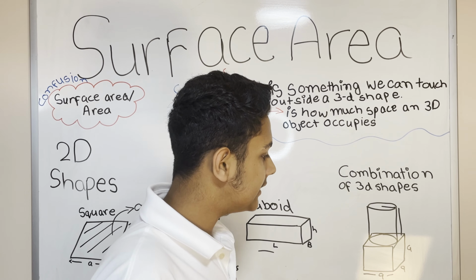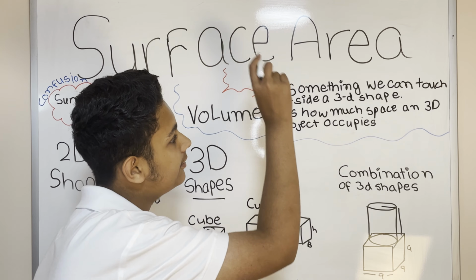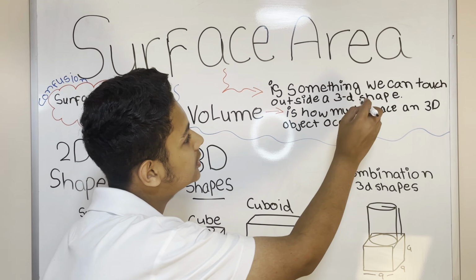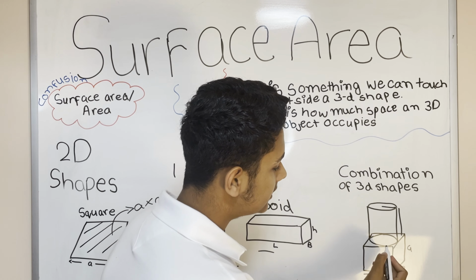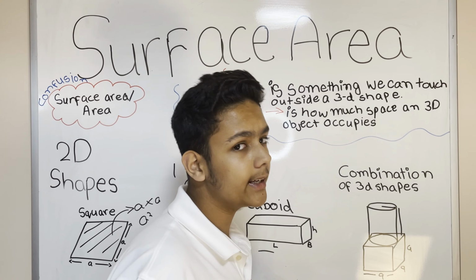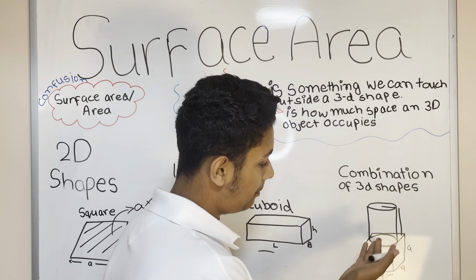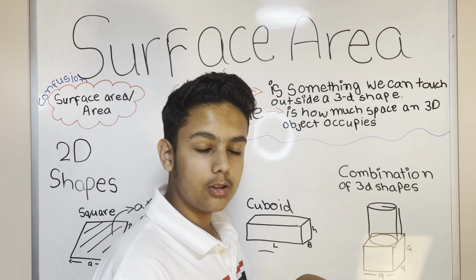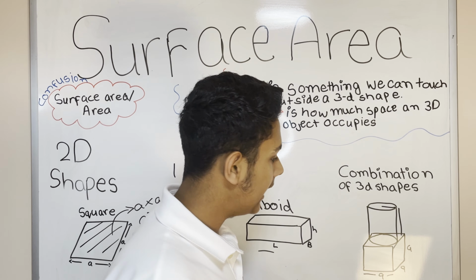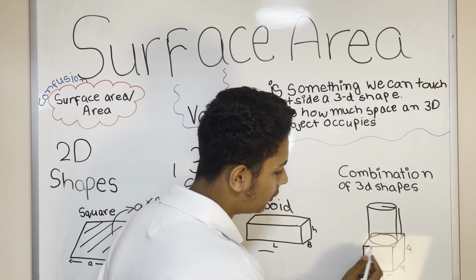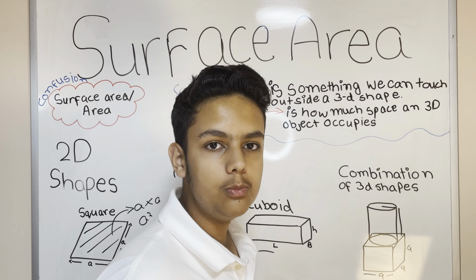Because if you imagine, the definition of surface area is what we can touch outside a 3D shape. Now, if I consider the top circle, I can touch the top circle, but the bottom circle is glued to the cube. I can't touch it. I can only touch these curved surfaces. Now, there's no simple formula for curved surfaces.